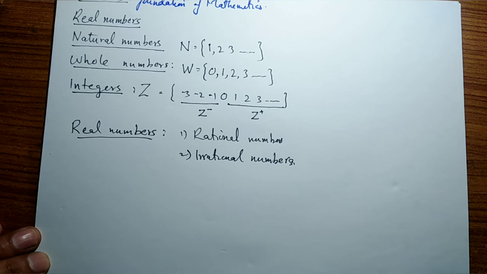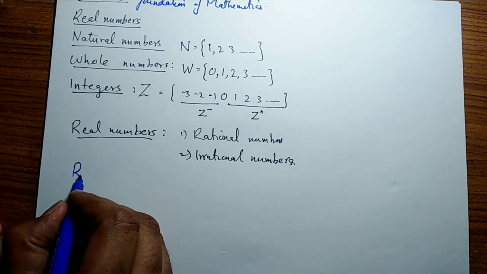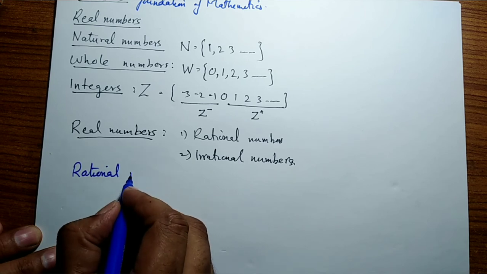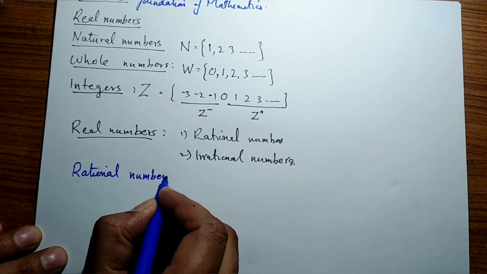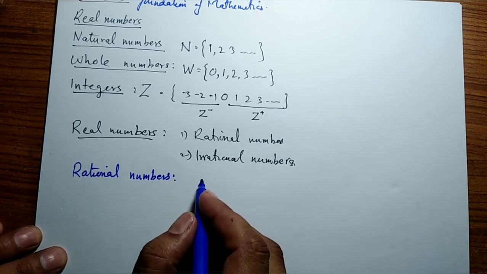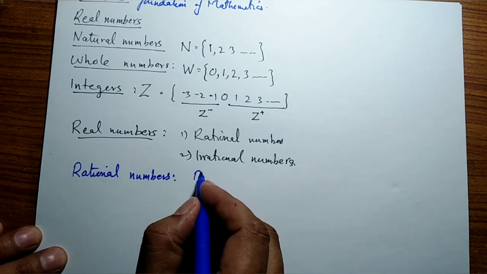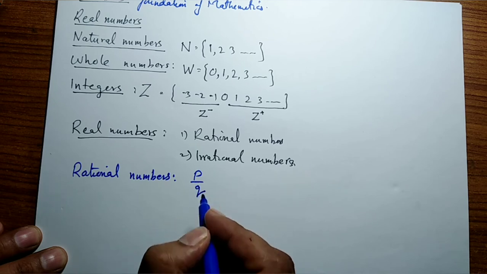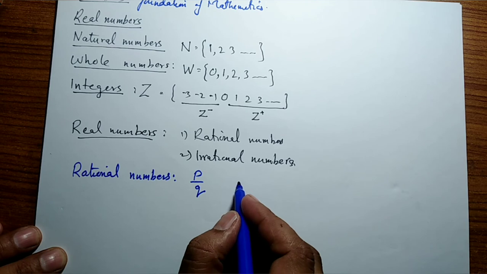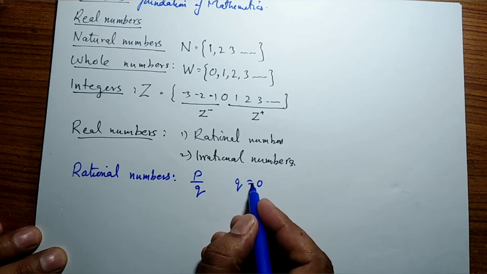Now what are rational numbers? Rational numbers are the numbers which can be written in the form of P upon Q, where Q must not be equal to 0.